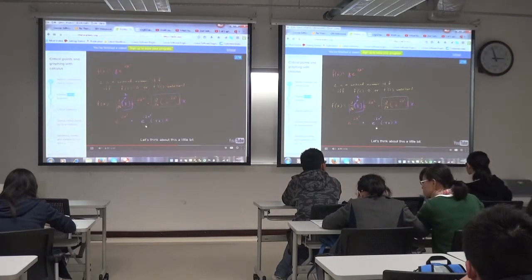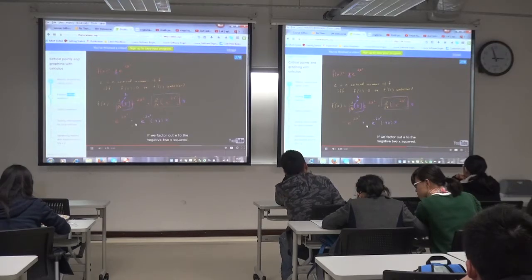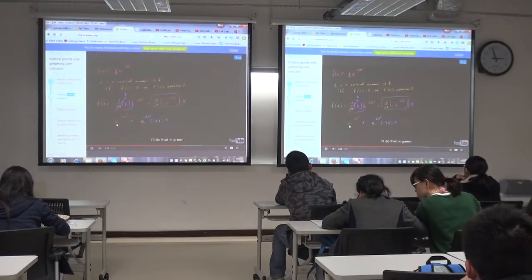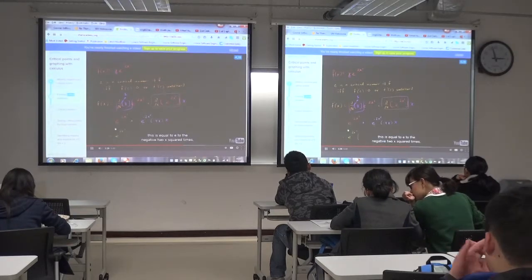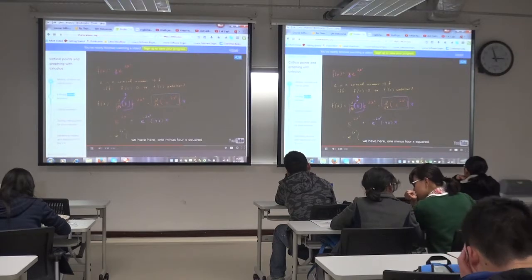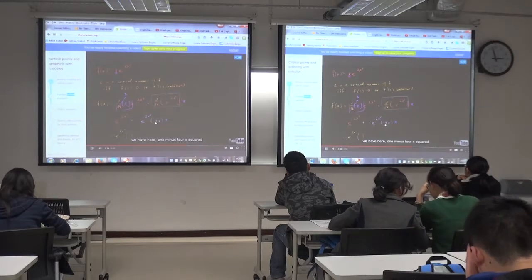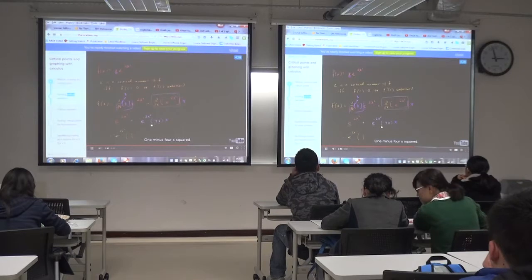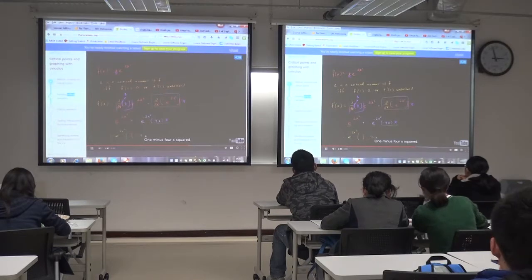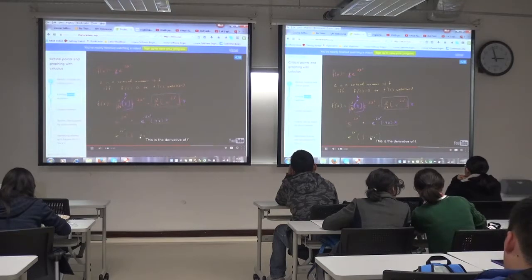So if we factor out e to the negative 2x squared, this is equal to e to the negative 2x squared times 1 minus 4x squared. So this is the derivative of f.